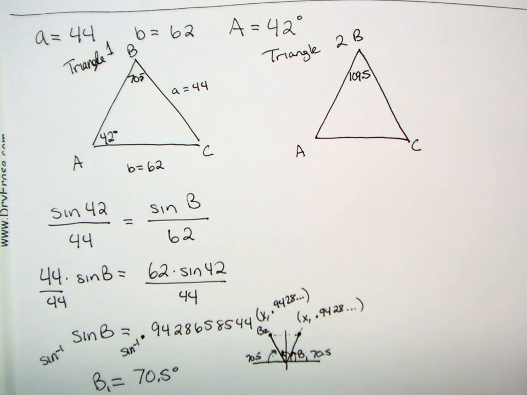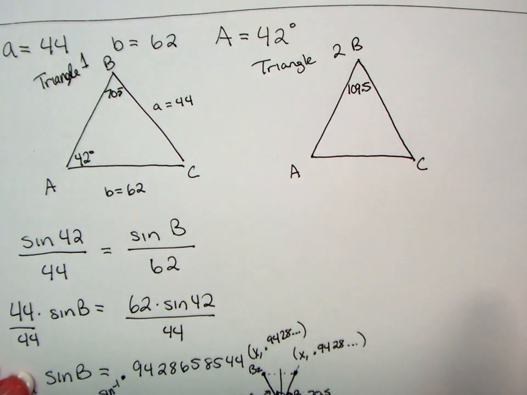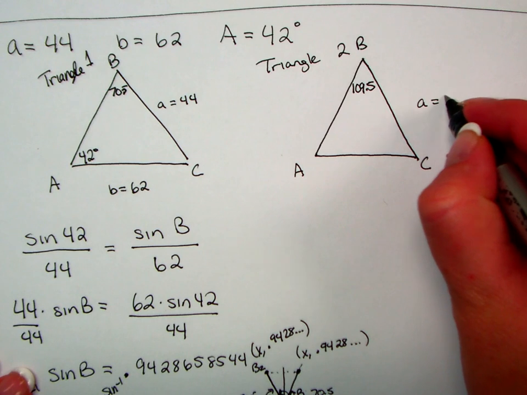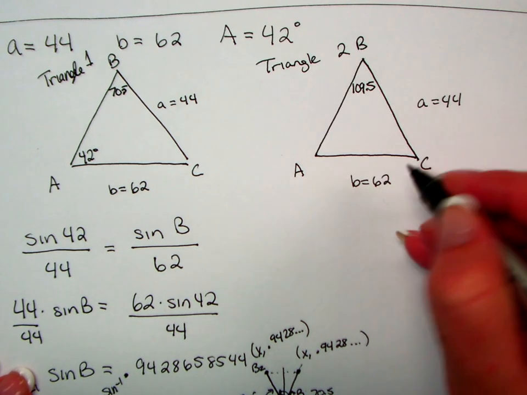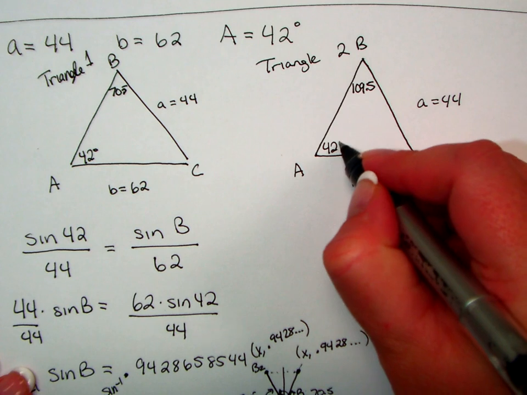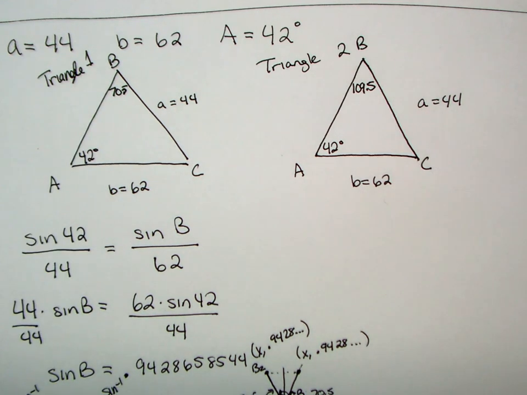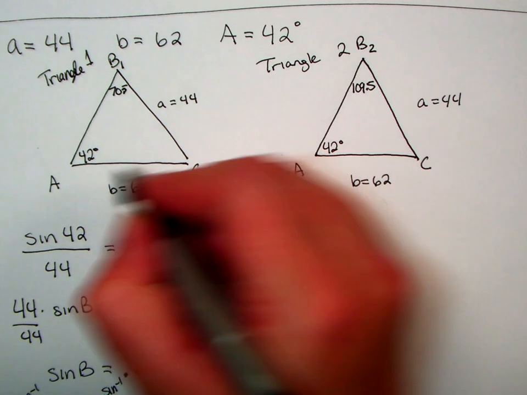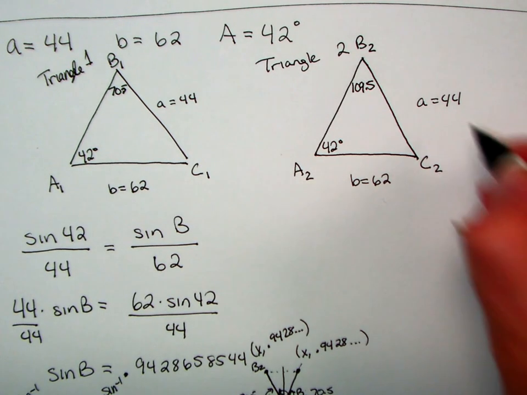So in this second triangle, the given information is still true. Little a is still 44, little b is still 62, angle A is still 42. We just have 2 different solutions for angle B. So let me go ahead and label these with the subscripts so we can keep them straight.